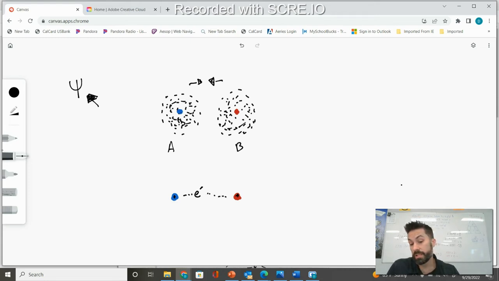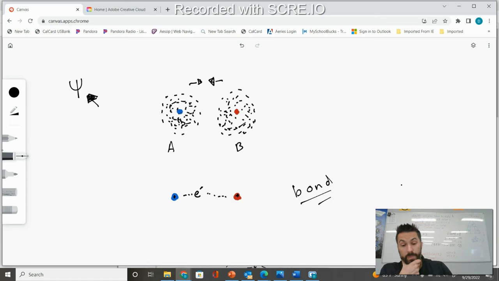It's going to want to start spending time in between these nuclei, and that is a bond. A bond is when electrons start to become attracted to both nuclei. That's what a chemical bond is.